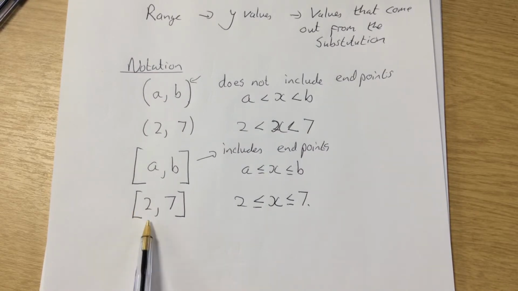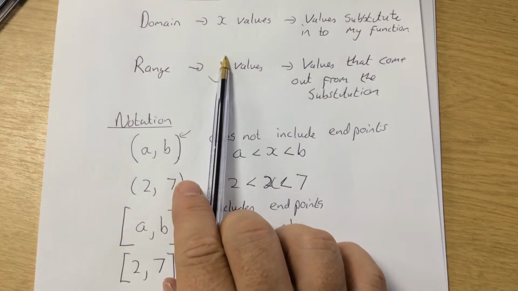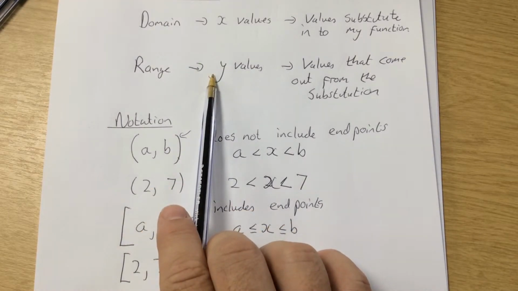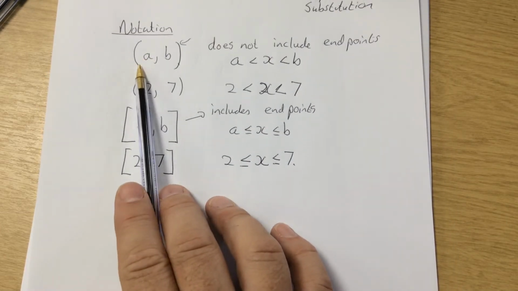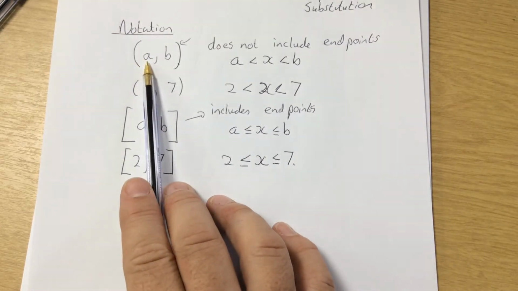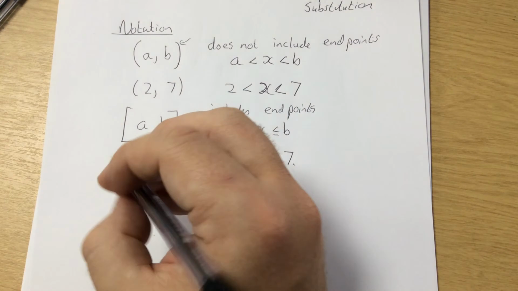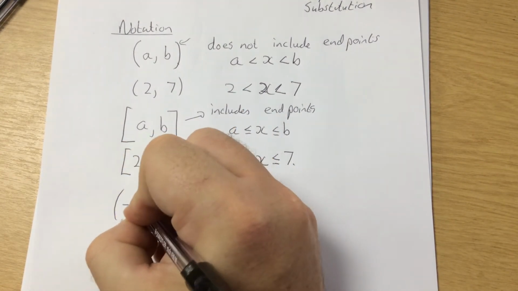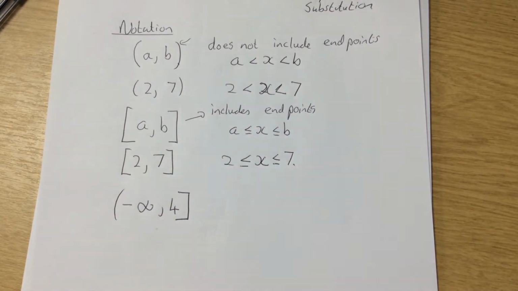So far, we've done the domain, the x values you substitute in, and the range, the y values that come out. If it's a round bracket, it doesn't include that number, but if it's a square bracket, it includes that value. Sometimes they put things like this: minus infinity up to 4.